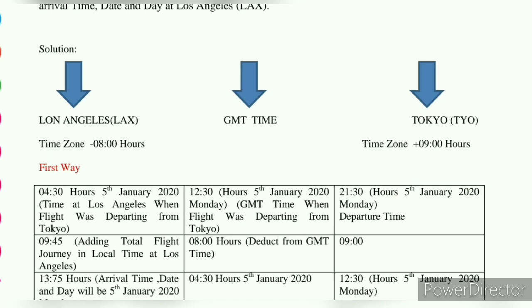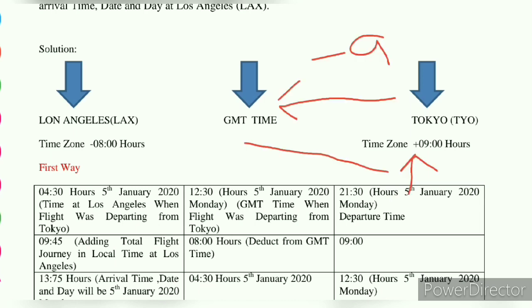So first we have to calculate GMT time with the help of the time zone of Tokyo, which is plus 9 hours. If we want to calculate the GMT time, we have to go back 9 hours so that we can find out the GMT time. So from the departure time, that is 21 hours 30 minutes, if we deduct 9 hours, we can find out the GMT time.